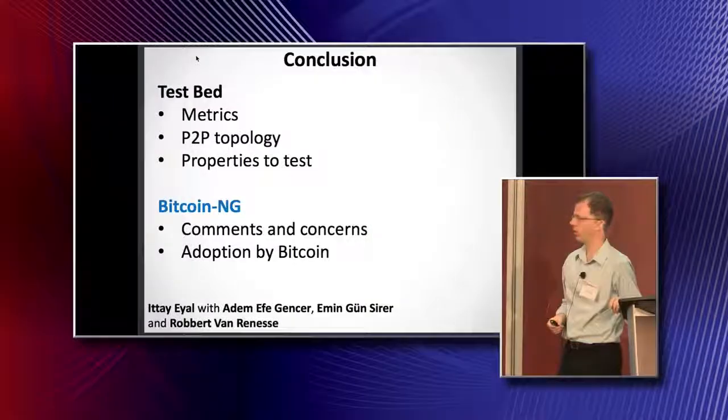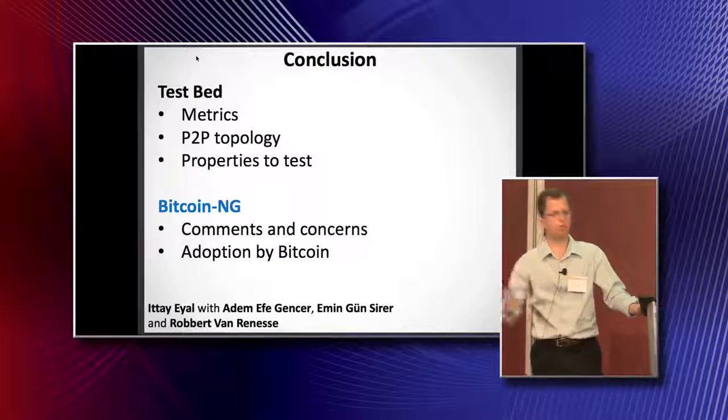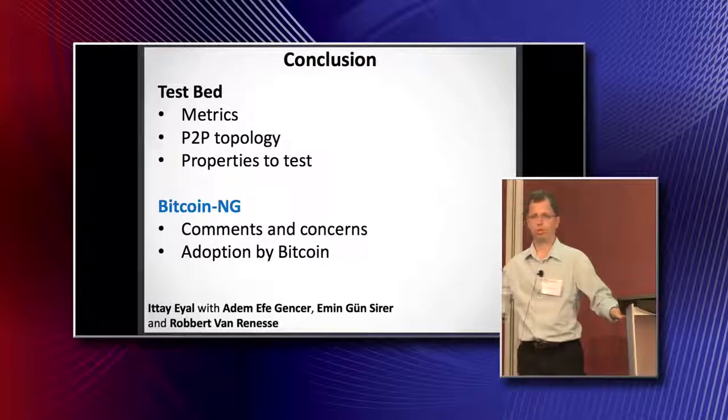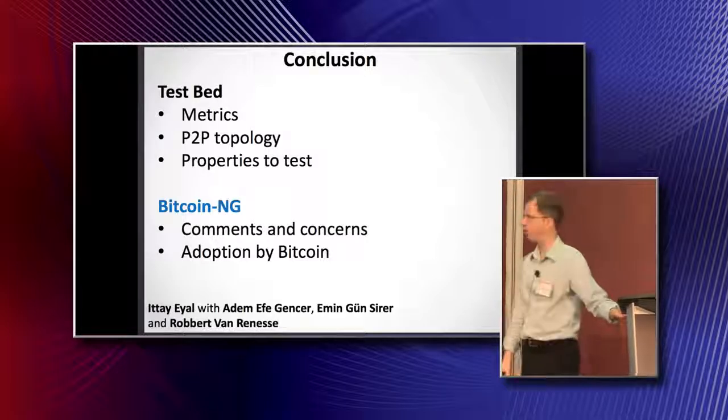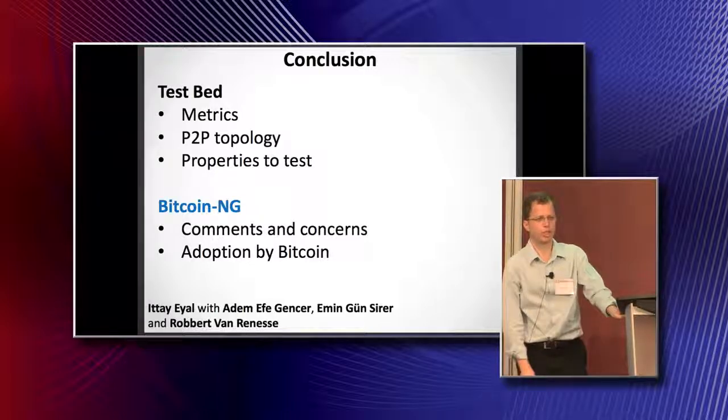We have our test bed, and we're very happy to collaborate and run more experiments on it with different ideas. I presented Bitcoin NG, a different way of running a blockchain. We're very glad to hear your concerns and your comments on this protocol and talk about future adoption in Bitcoin or elsewhere. Thank you very much.